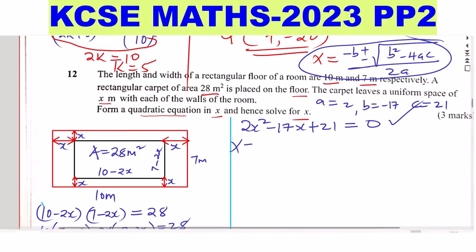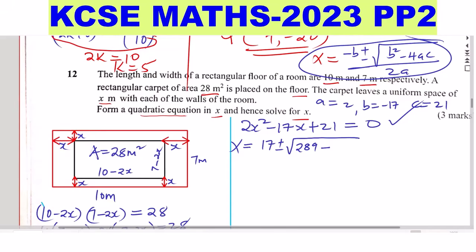So x will be given by negative b, which will be 17, plus or minus the square root of b squared. B will be negative 17, so b squared, substituting there, will be 289 minus 4 times a, that is 4 times 2, times c, which is 21.